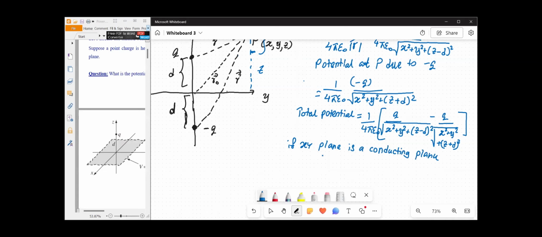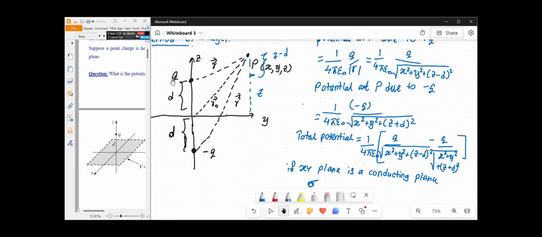So if the xy plane is a conducting plane, what is the charge density due to this calculated total potential that results because of the plus q and minus q?